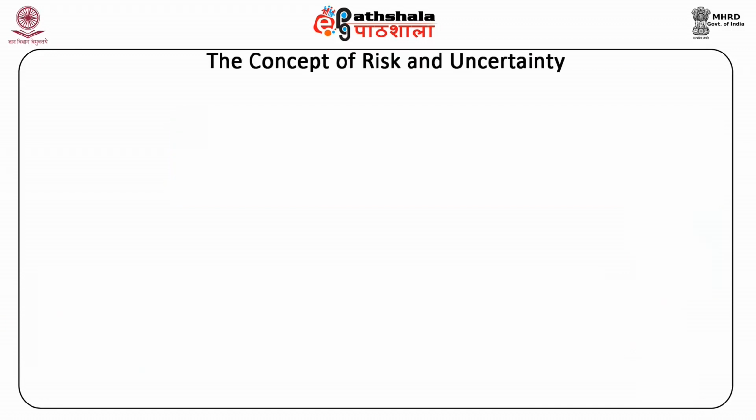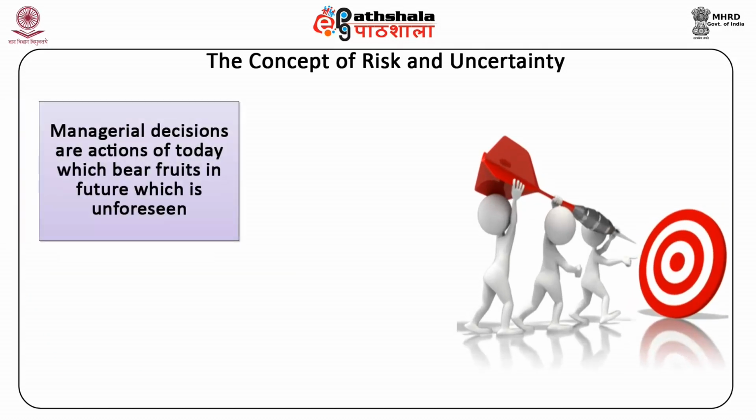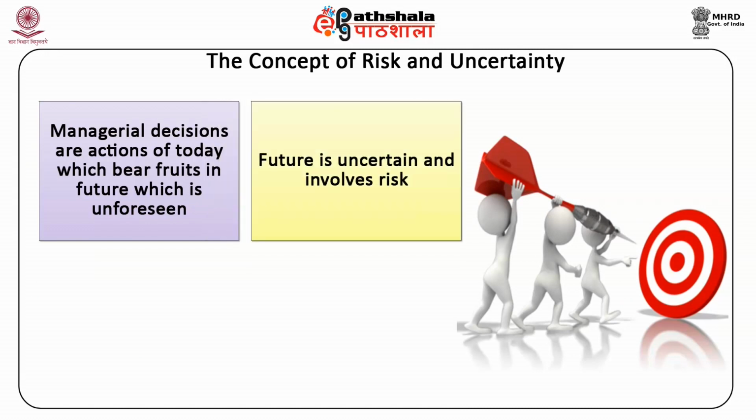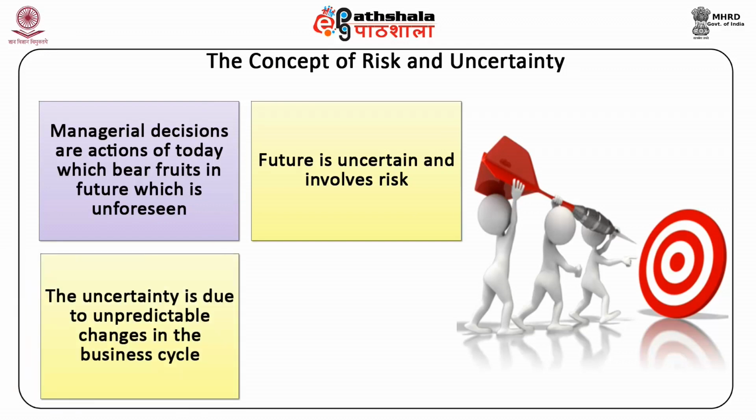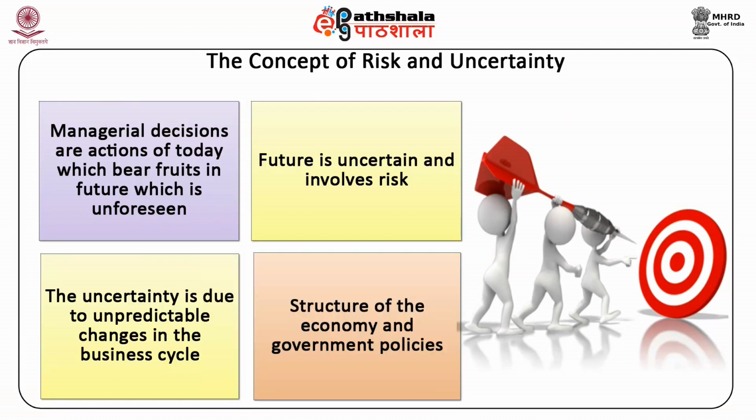Let us now discuss the concept of risk and uncertainty. Managerial decisions are actions of today which bear fruit in the future, which is unforeseen. Future is uncertain and involves risk. The uncertainty is due to unpredictable changes in the business cycle, structure of the economy, and government policies.